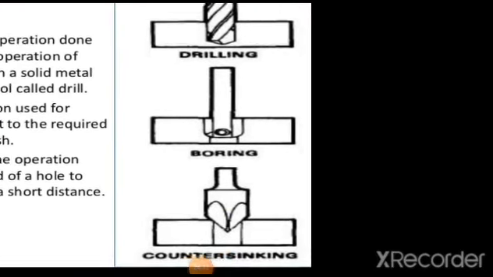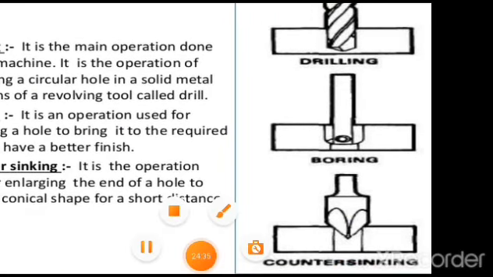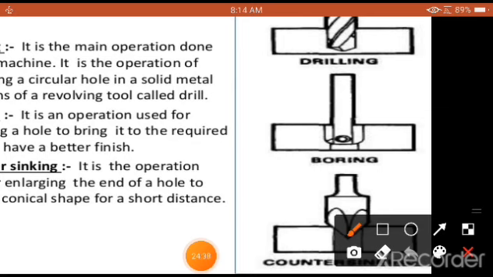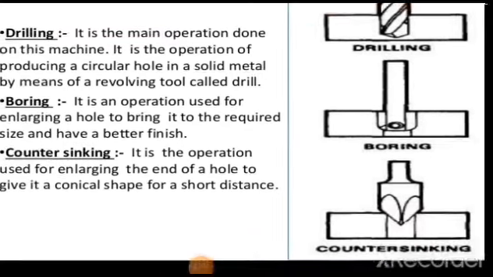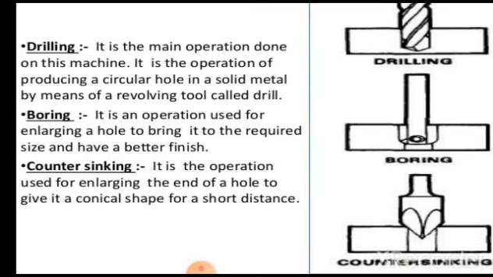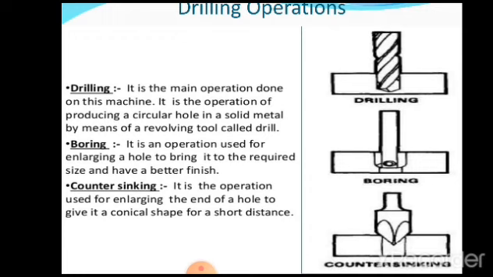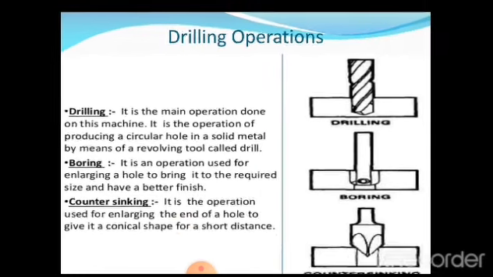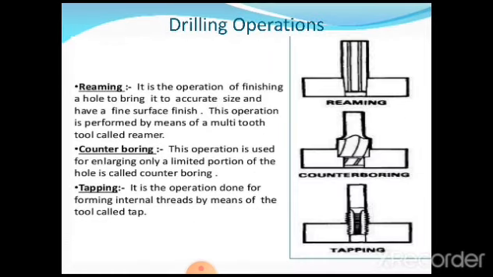This portion is called a counter sinking tool. It is an operation used for enlarging the end of a hole to give it a conical shape for a short distance. That is very important. A conical hole is given, just as I have explained now, and the name of the tool is called a countersinking tool. Very, very important.